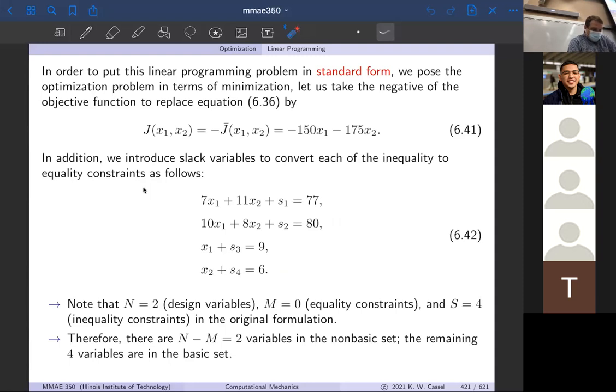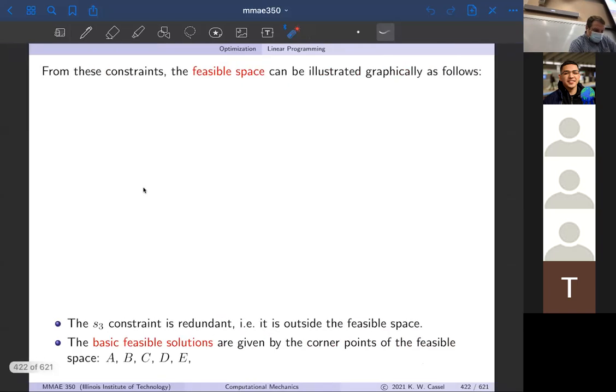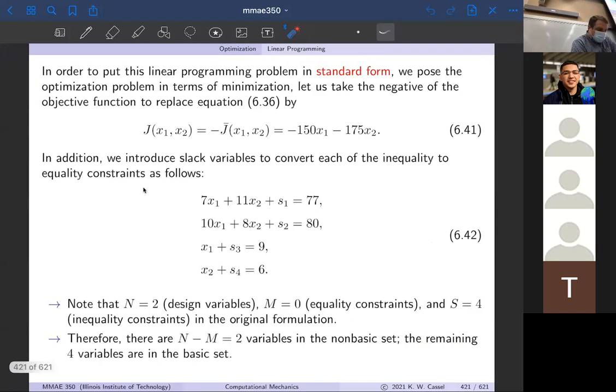And then we also have our additional, did I write them someplace? I'm sure I did somewhere. But then I also have the positivity constraints on the slack variables. All right.